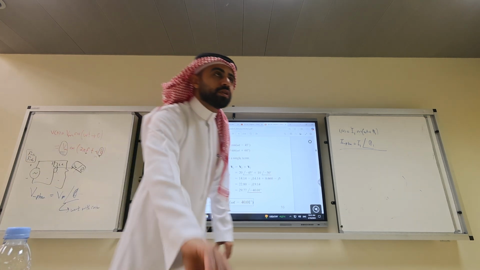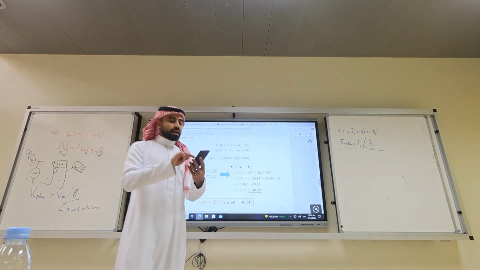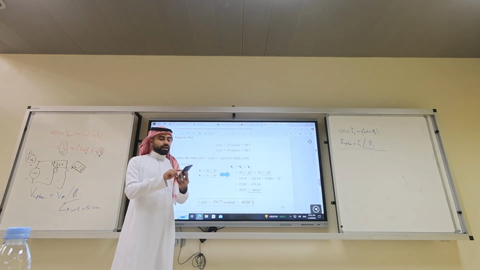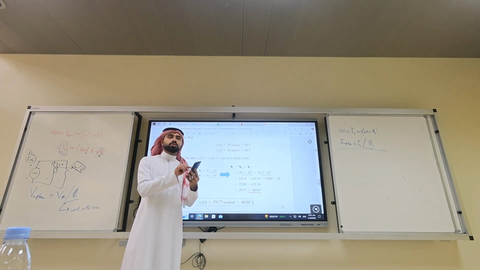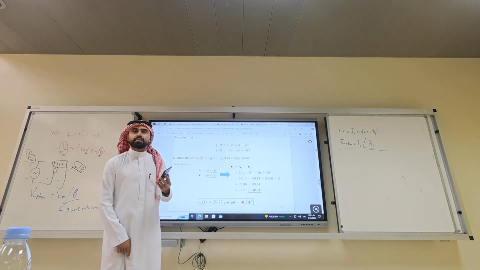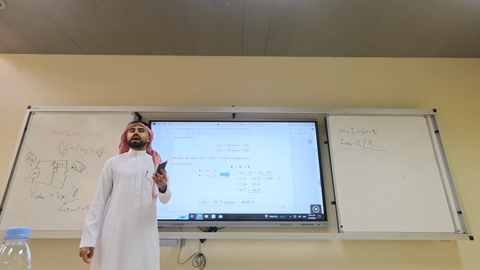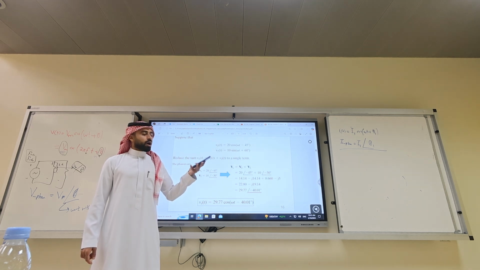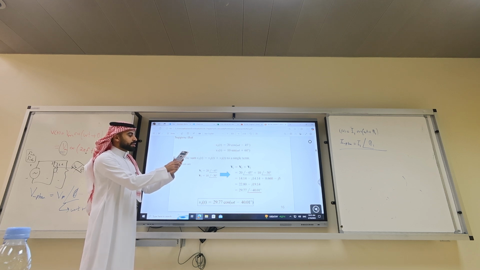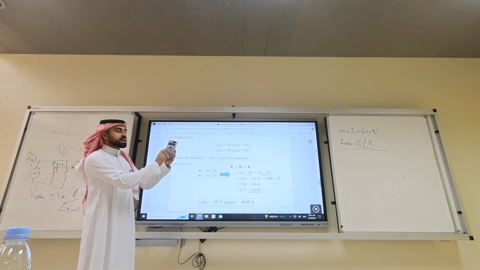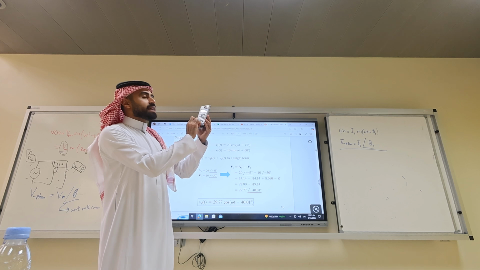How to add them? Open your calculator, press shift, mode, and then number 2, complex. Get it? Then you do the math. You put 20, then shift, and then the minus sign in brackets, the yellow one with the phasor symbol.